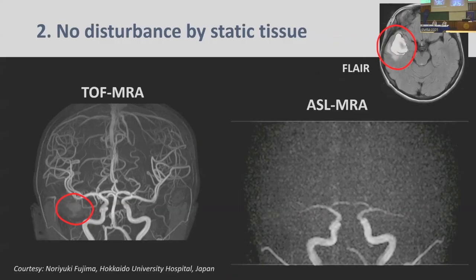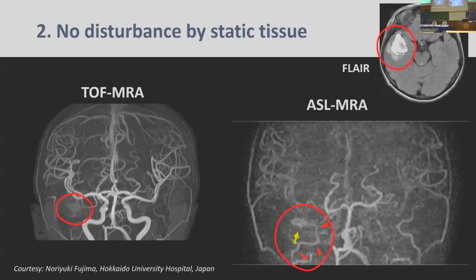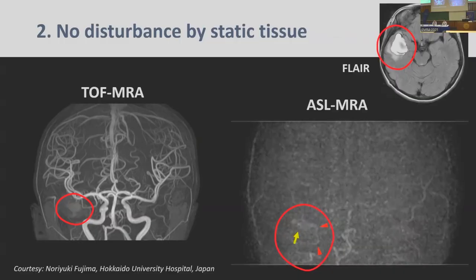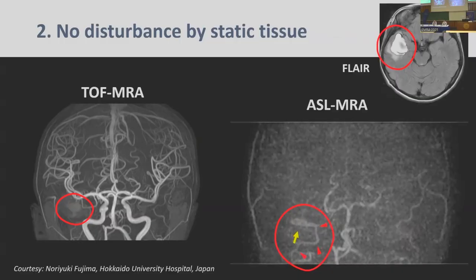ASL MRA, however, is generated by subtracting the label and control images, which subtracts the static tissue signal. So ASL MRA was successful in visualizing the AVM nidus and its feeding artery.